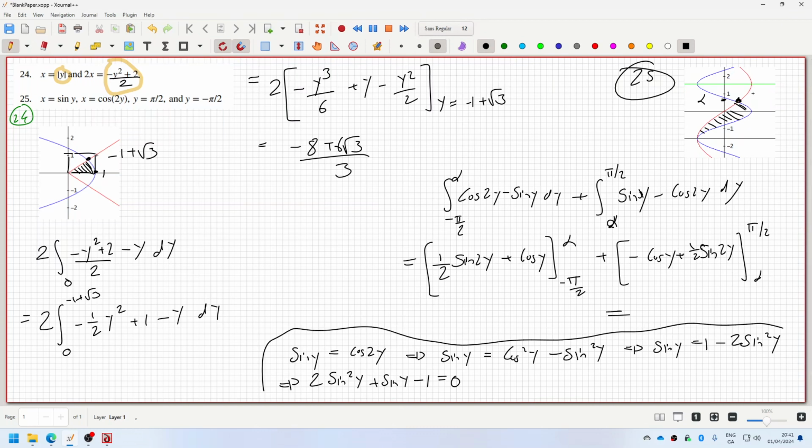Okay. A half or minus 1. So sine y equals a half or minus 1. Well, the minus 1 answer gives me minus pi over 2.